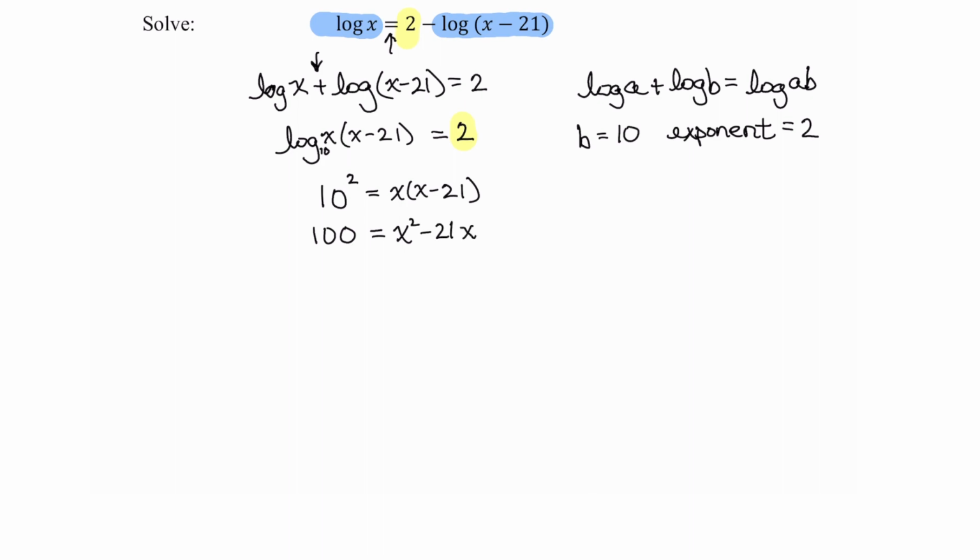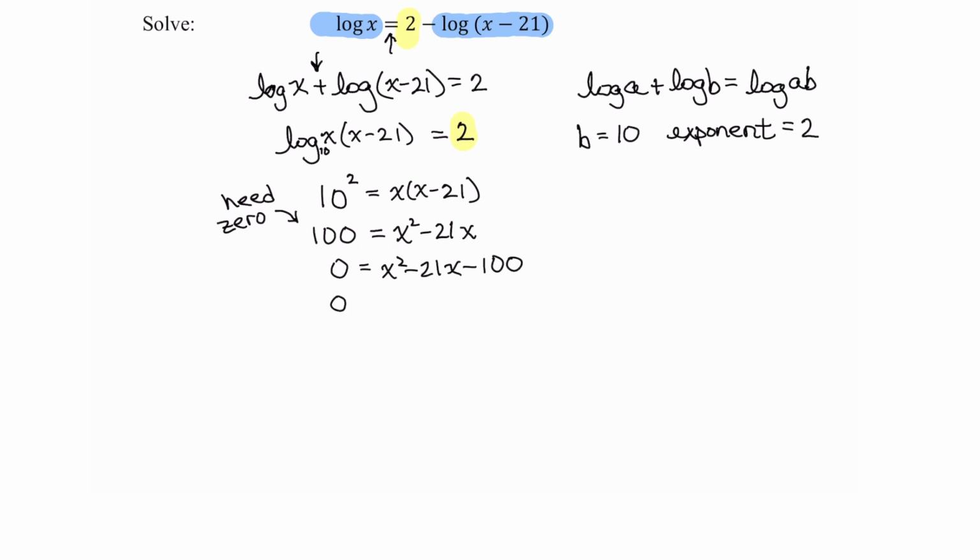So now we notice that this is quadratic. We can solve our quadratic equation by factoring, if it's factorable, completing the square or quadratic formula. If we want to solve by factoring, remember we need to have a 0 on one side of the equation. So we're going to subtract 100 from both sides and look to see if that is factorable. The leading coefficient's 1, so we want the factors of negative 100 that add to get negative 21.